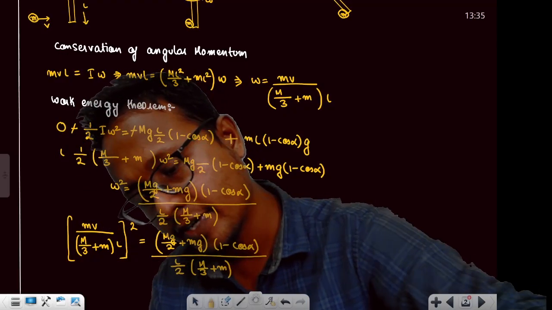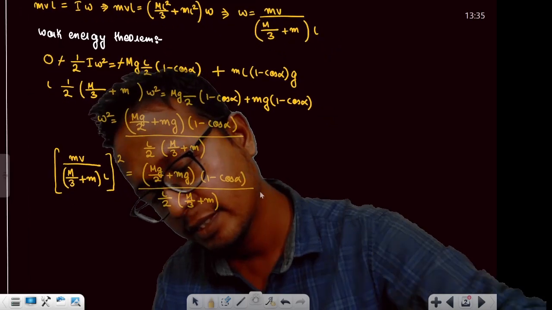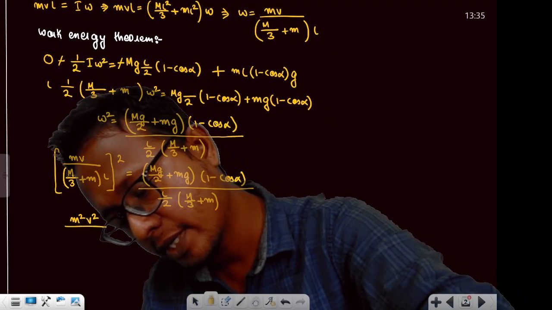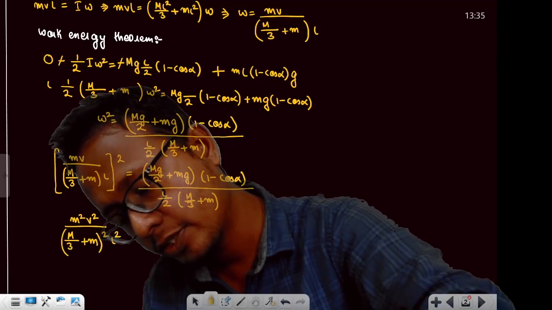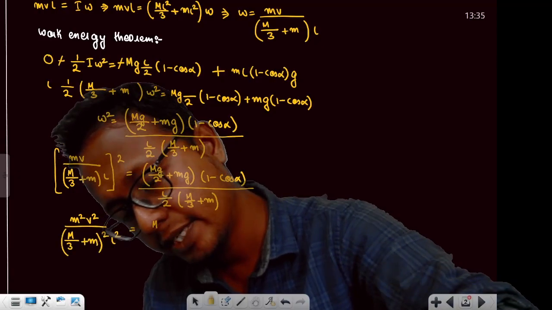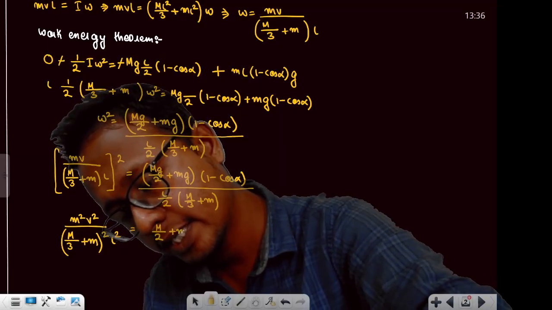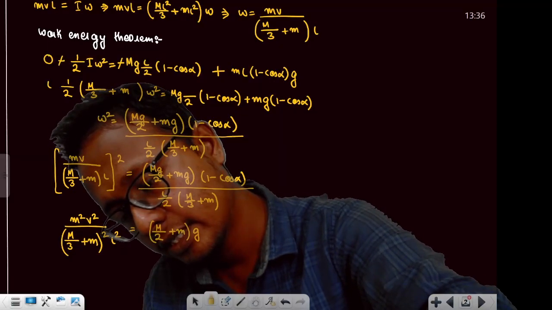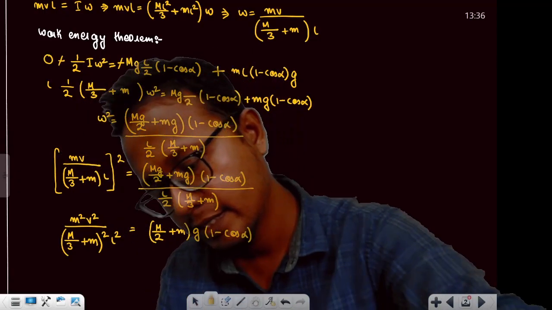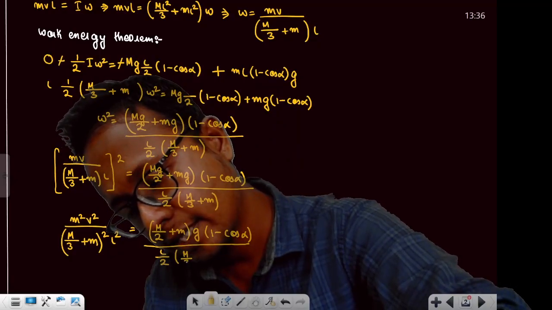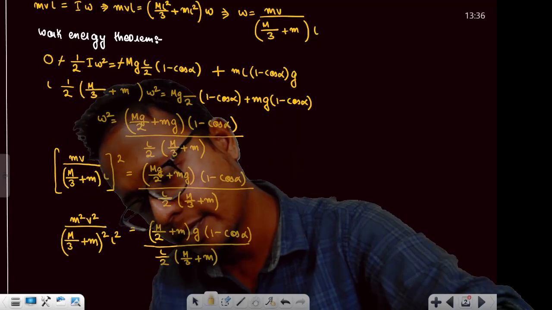Now let's simplify it. How do I simplify it? m square v square divided by (m by 3 plus m) whole square into L square is equal to m. Let me take g also common out here: (m by 2 plus m) into g into 1 minus cos alpha, divided by L by 2 into (m by 3 plus m).